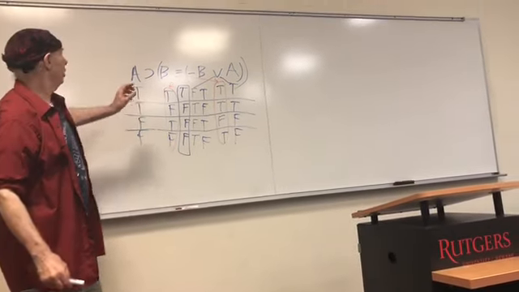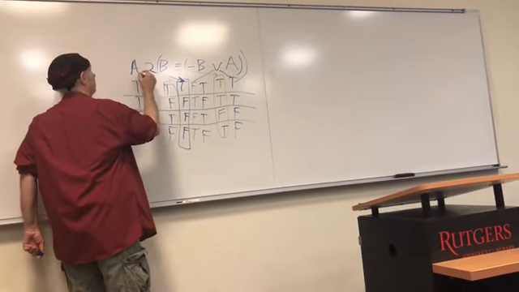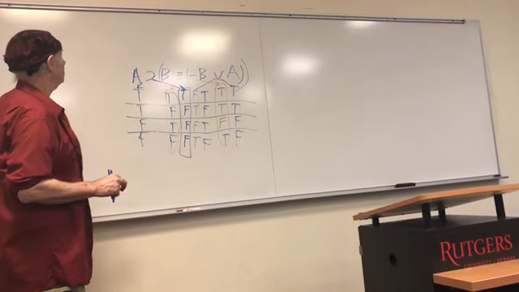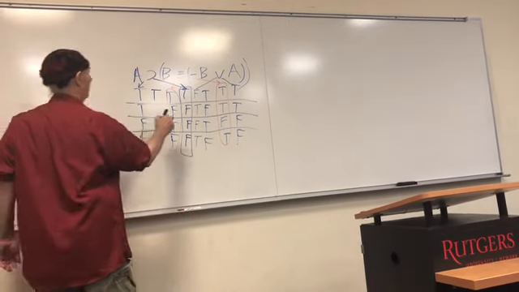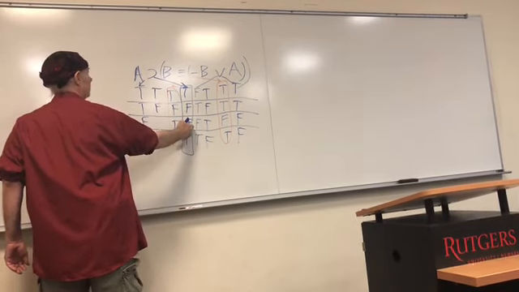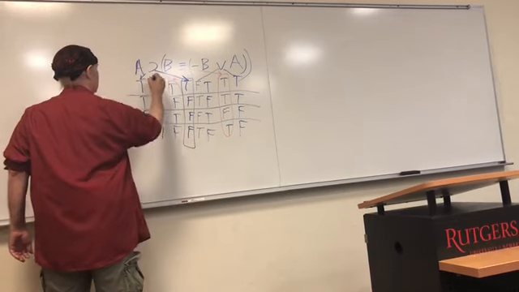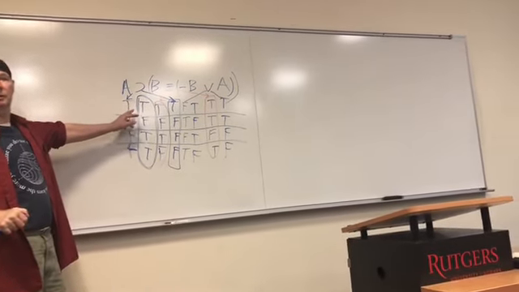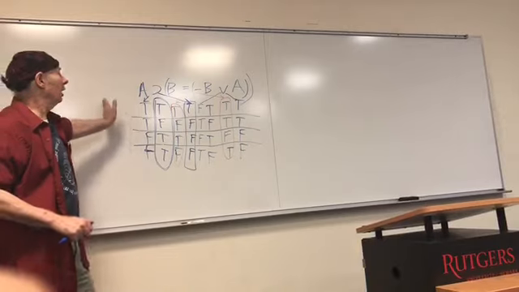And so we need to horseshoe this column underneath the triple bar to the column underneath A. And so we get T horseshoe T is T. T horseshoe F is F. F horseshoe F is T. And F horseshoe F is T. So the column underneath the horseshoe is the column which gives us the truth value of the whole wff.